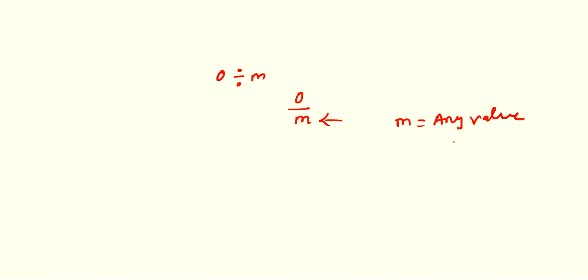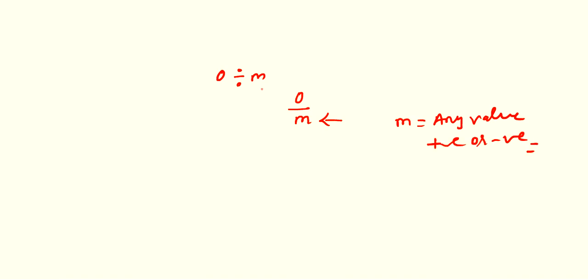Then the fourth one is 0 divided by m, which you can write as 0 upon m. Now m is your variable and you can take any value of m, positive or negative as well.